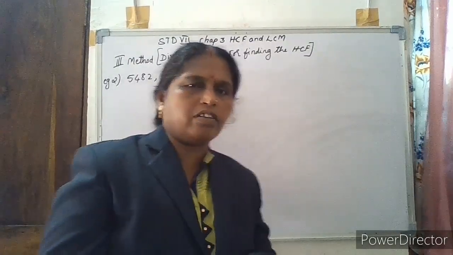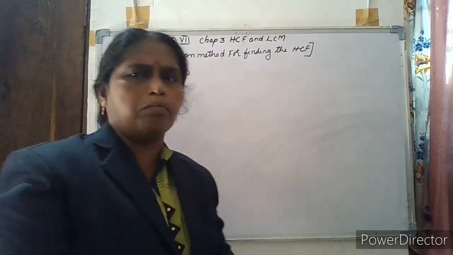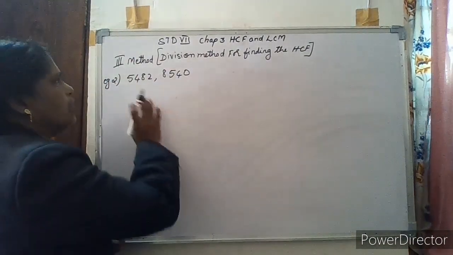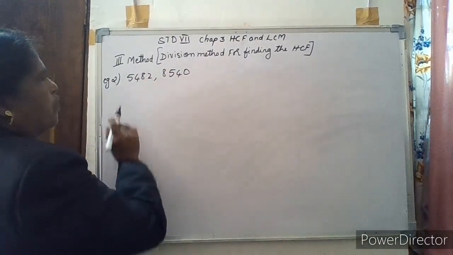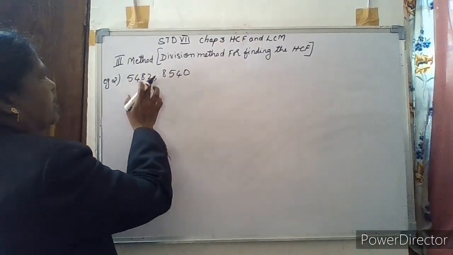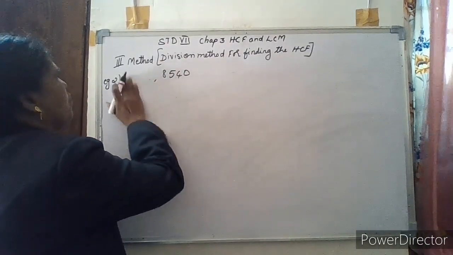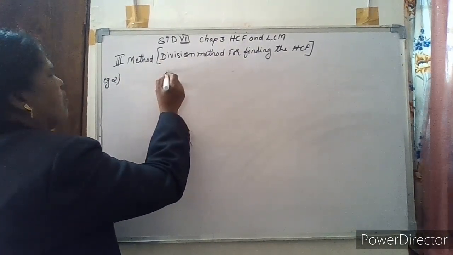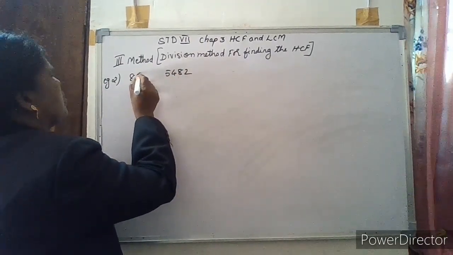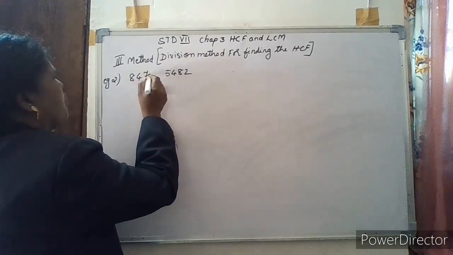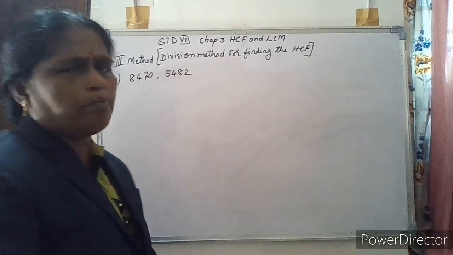Now second example, I have taken bigger numbers. So we will do it by division method. Now among these two, 5,482 and 8,400 suppose 70. If the place is changed, the place does not make any difference.